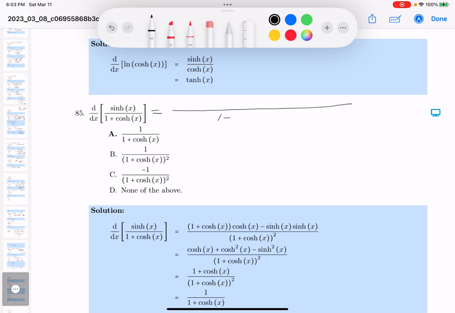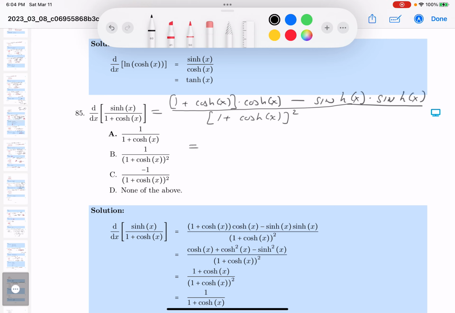It's going to be 1 plus hyperbolic cosine of x, this whole thing being squared, bring it to the top, times the derivative of the top, which is the hyperbolic cosine of x, minus the top times the derivative of the bottom, and that's going to be the hyperbolic sine.